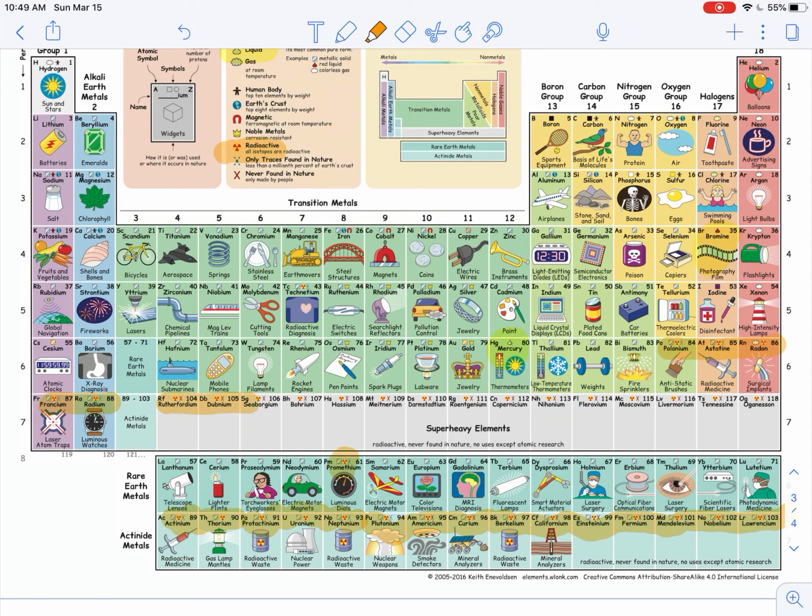These are all the ones that have only been made in a lab by people. Oh, here's another one, technetium. Trying to see if I see anything on the list higher up above technetium.